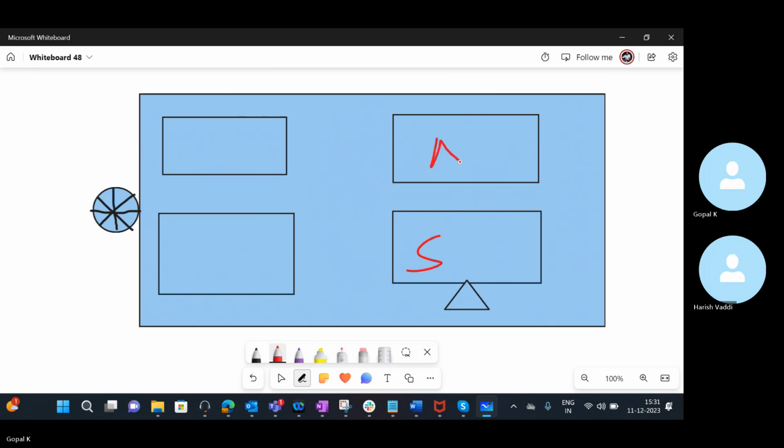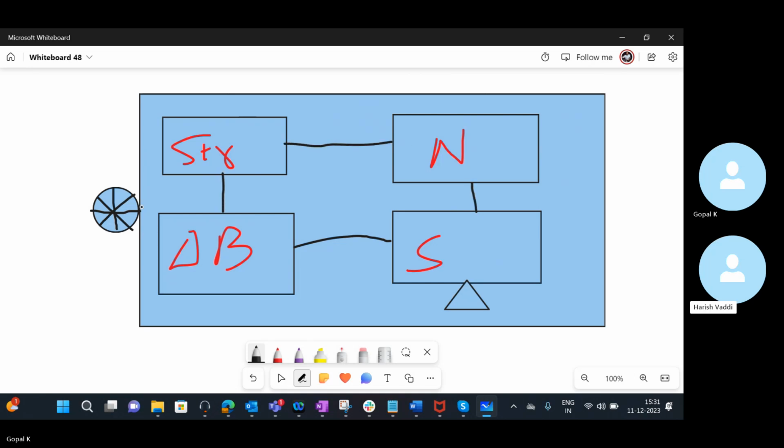This is a network, and you have something called storage, and something called a database, DB. These are connected with each other. Okay, this is your office premises.